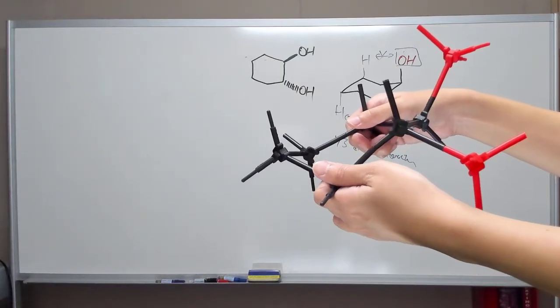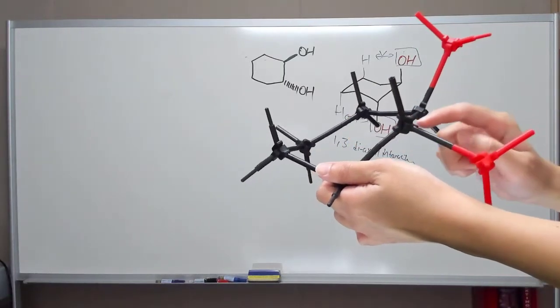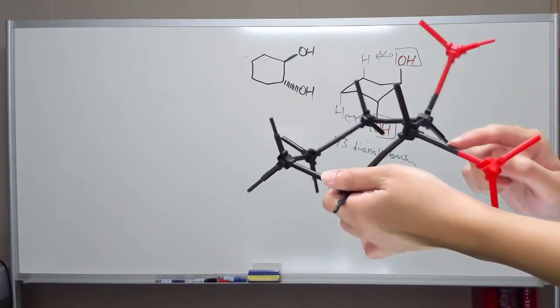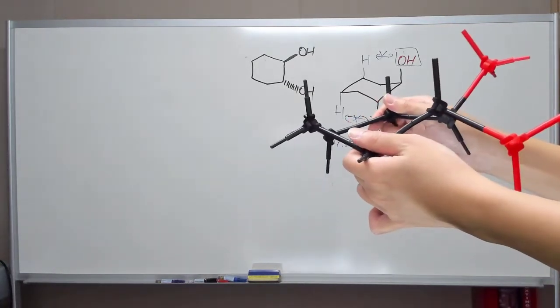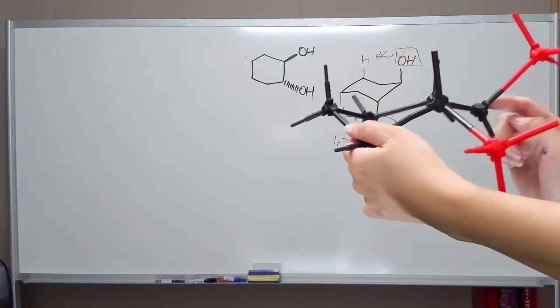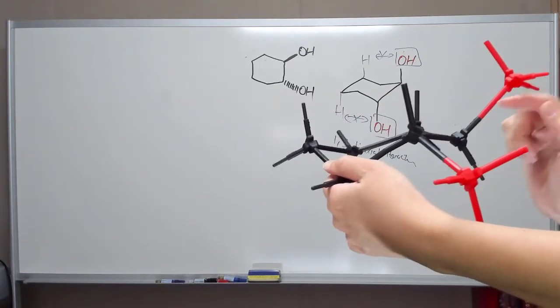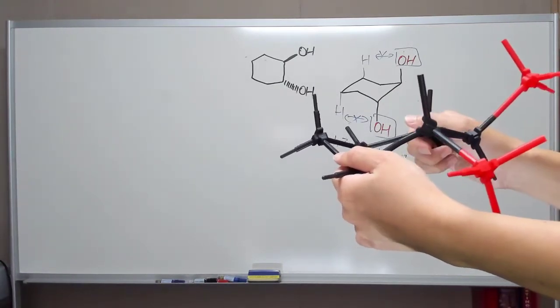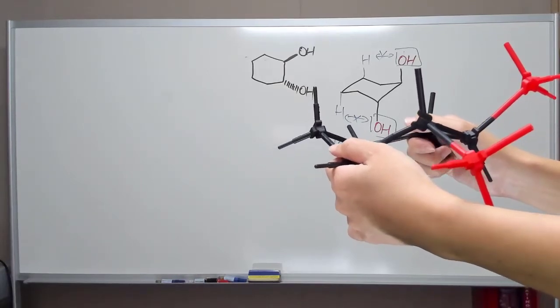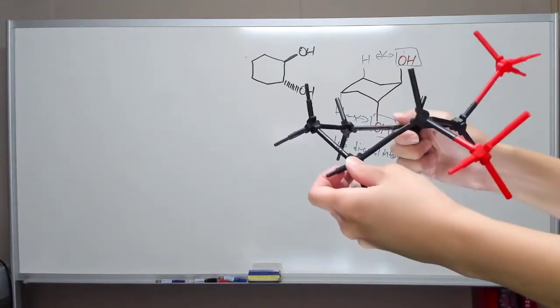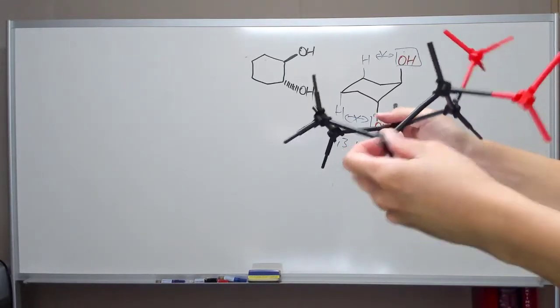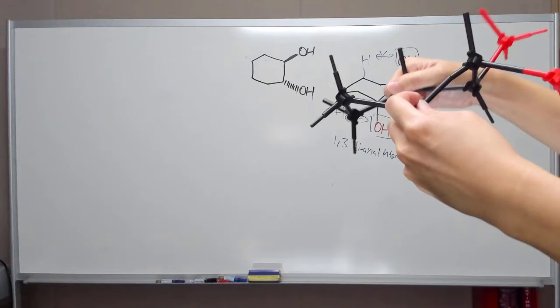Did you notice that the OH group in front of you is still pointing down? And the OH behind is still pointing outwards, but they are now in the equatorial position. And you notice that your chair is now, oops, my apologies.